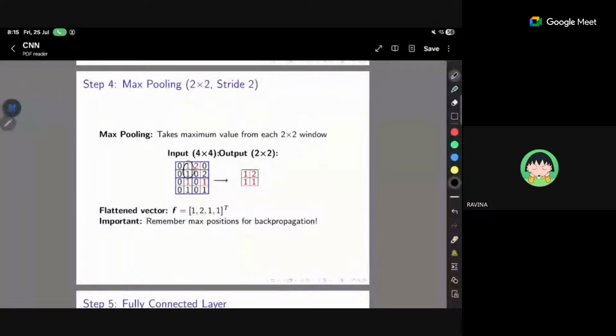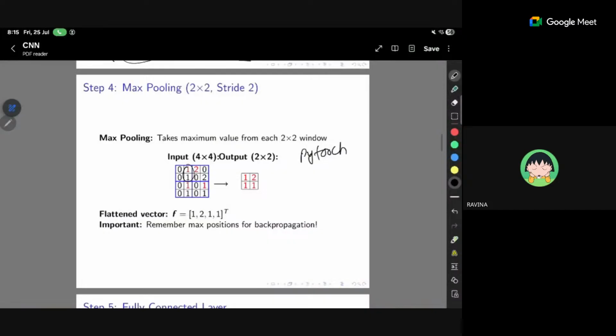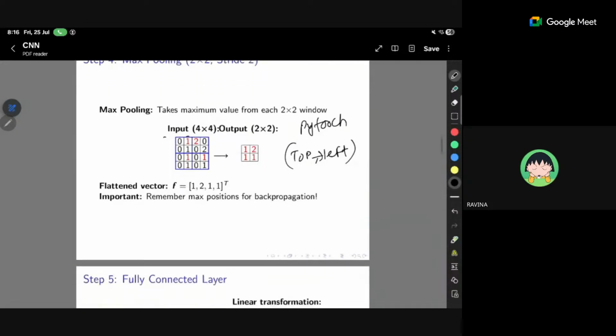So what generally, let's say PyTorch will do is it will take whatever is the topmost, and then the leftmost, right? So the top then left. So if there is confusion, always look for the first row, and that will be your answer. So this is how you get the max pooling output. Now you do the flattening of that, so it will look like 1 2 1 1. Okay.